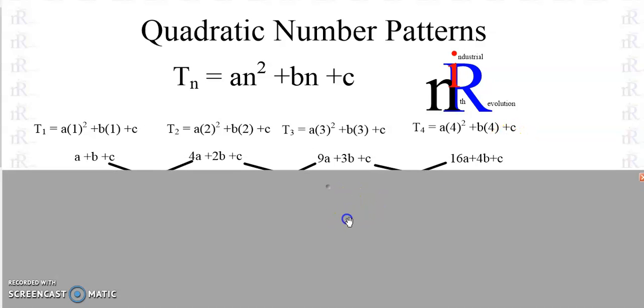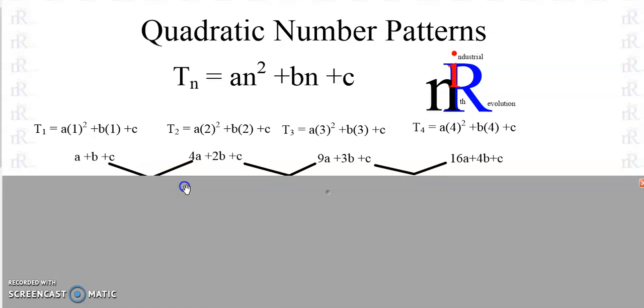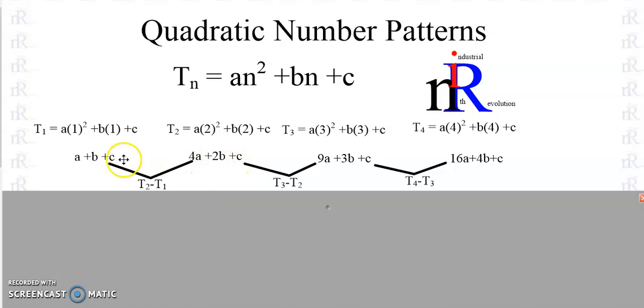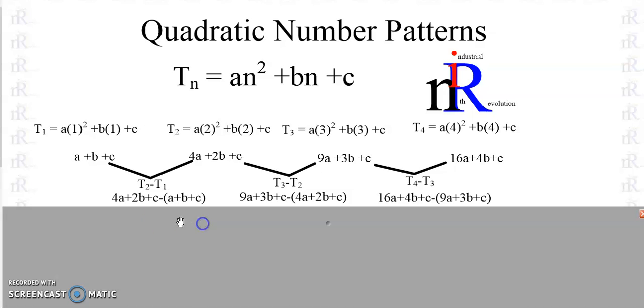So if we have that and we want to find the first difference, remember a quadratic number pattern has a constant second difference. So if we want to find the first difference, I need to find the difference between term 2 and term 1. I subtract them from each other, and notice that I put a plus b plus c in a bracket, which means I have to apply the negative to all of these.